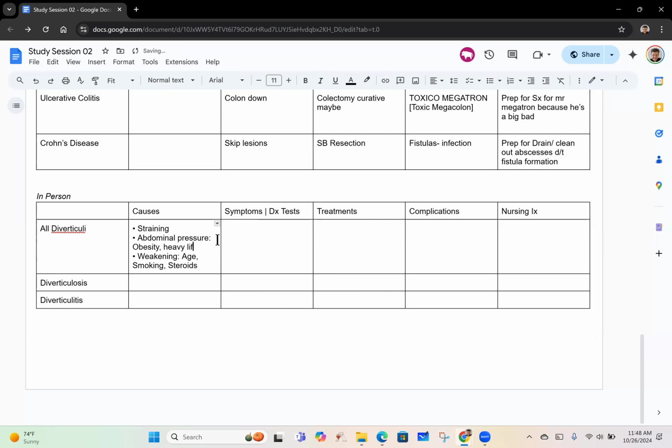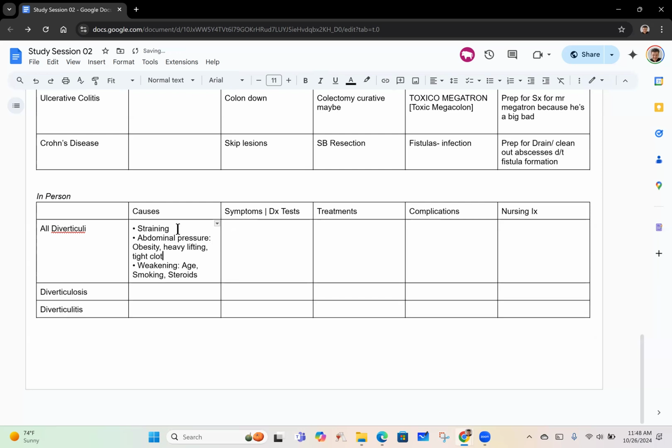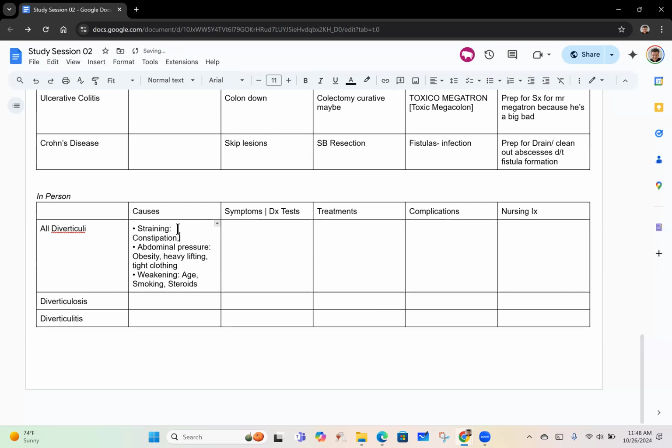Heavy lifting. Anything else? Tight clothing. And then straining is due to constipation, right? Which is low fiber, right? Okay. All right, that's it, right?